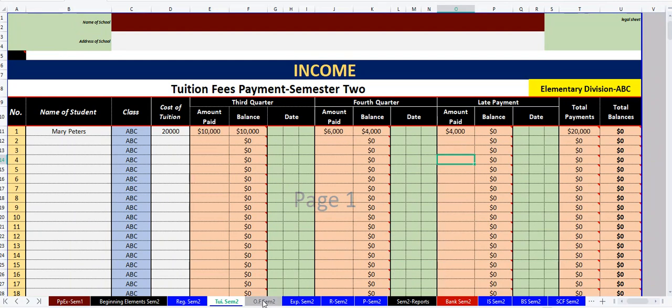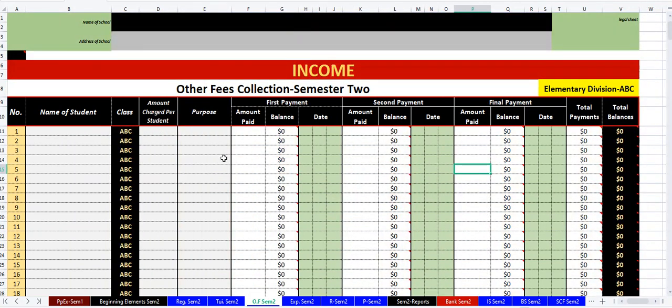Then other fees, now the WAEC fees, we said 3,000, so maybe for the entire year she is supposed to pay just 6,000. So we say Mary Peters again. Mary Peters is the only student who has our school here. Then we say it's 3,000. Then the campus WAEC.